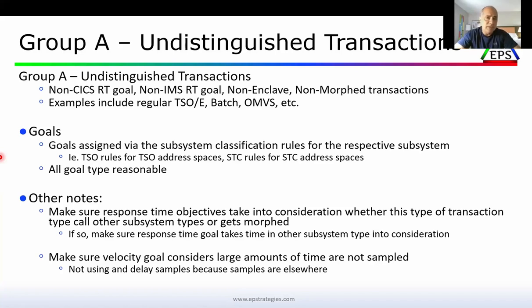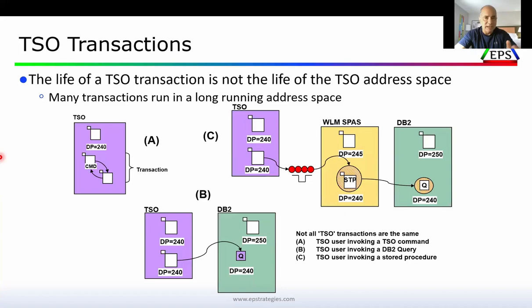In this particular case, we classify these transactions towards their goals, towards their particular subsystems. And we always have to make sure that we take into account, when setting those goals, what those transactions are actually doing. So for example, the simplest case is a TSO transaction. I had mentioned earlier that when we set a goal for the transactions, what's important to understand is, is the life of the transaction different than the life of the address space?